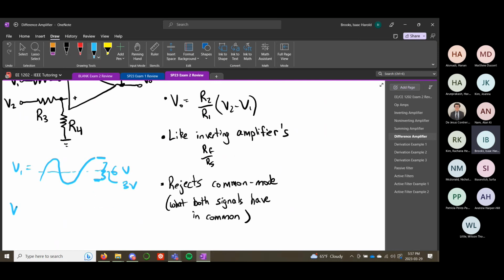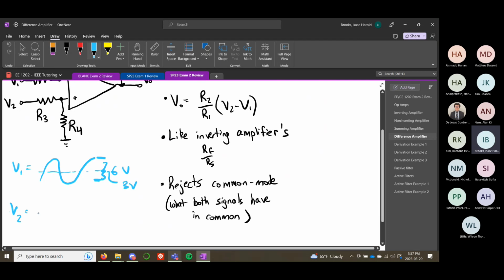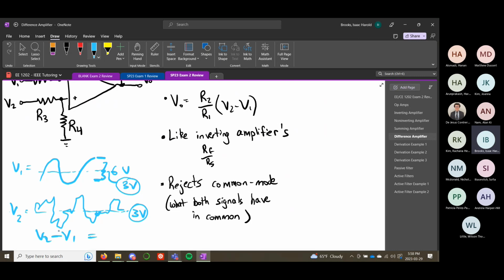And if your V2 was some other weird signal with a weird shape, but was also biased at 3 volts, the component in both of these that's the same is this 3-volt DC component. When we do V2 minus V1, anything that's the same between these two is going to get canceled out, and anything that's different is going to get amplified. That's what we call common mode rejection.